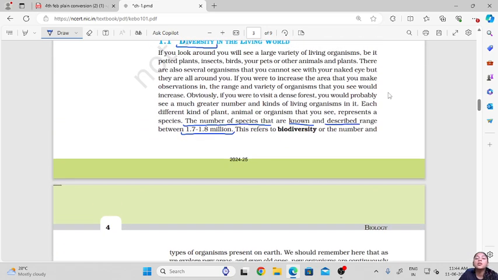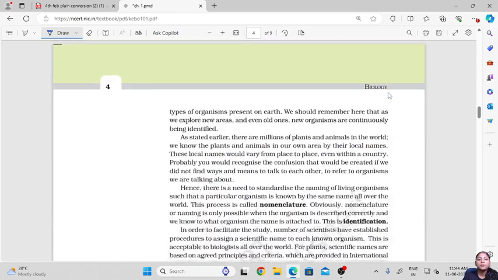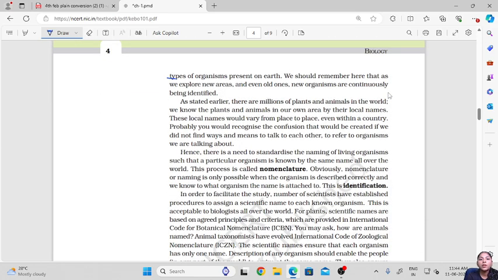So the number and types of living organisms that exist on earth is referred to as biodiversity. Okay, so biodiversity is the number and the types of organisms present on earth.